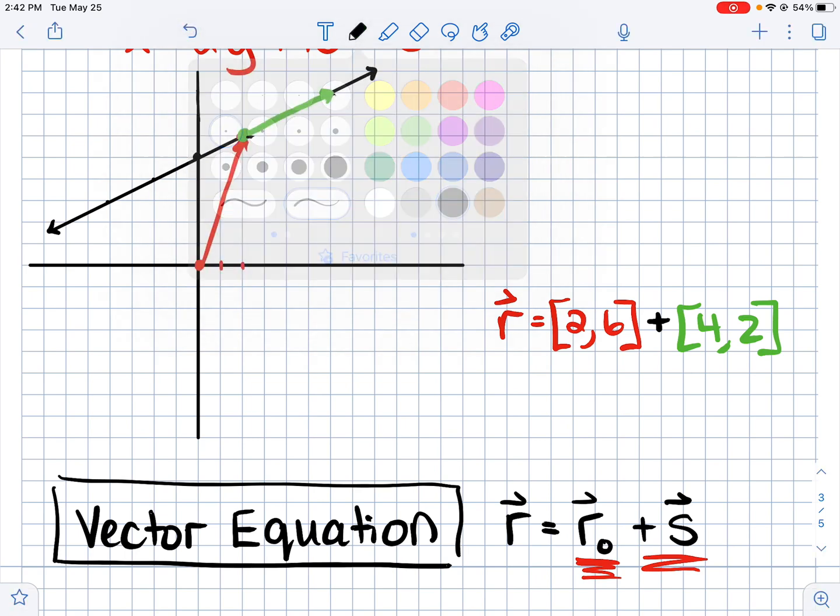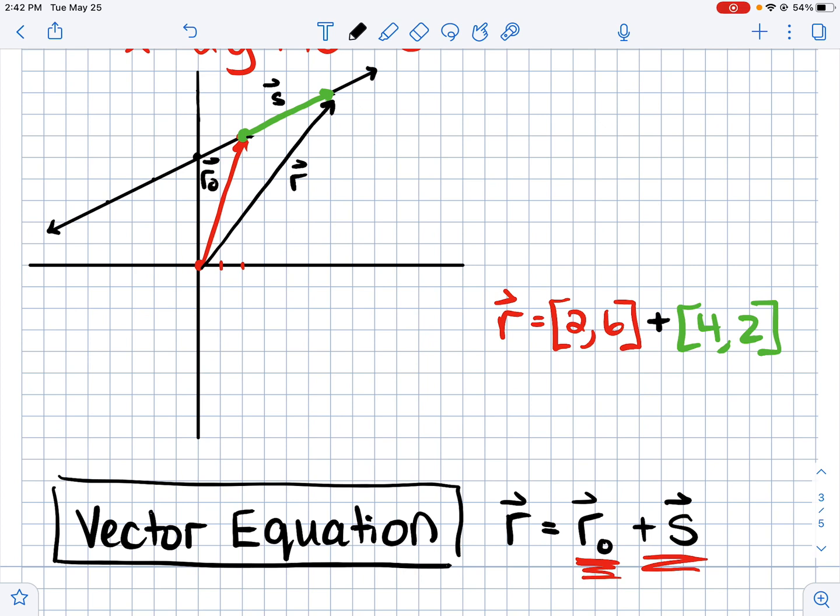And then if I add those two vectors together, what I end up with is, I'll call this R naught, S, and this is vector R. So that's how I write the vector equation of a line, but not exactly.